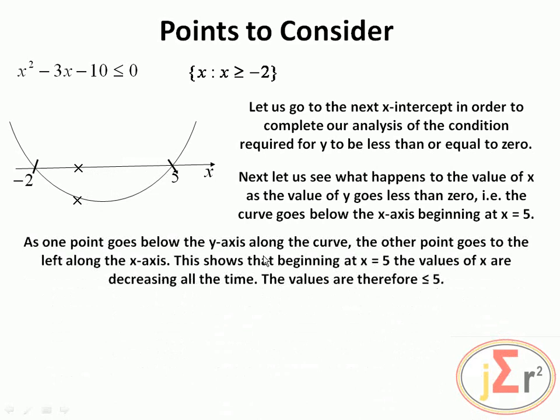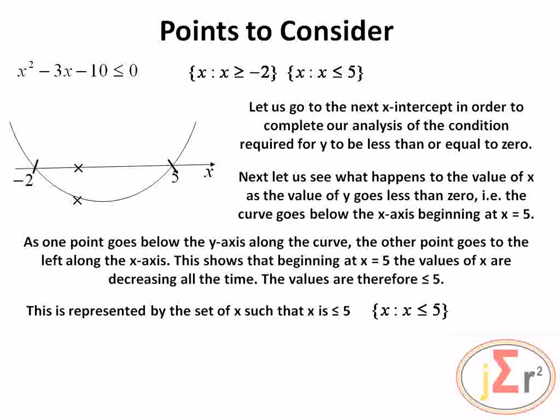As one point goes below the y-axis along the curve, the other point goes to the left along the x-axis. This shows that beginning at x equal to 5, the values of x are decreasing all the time. Therefore, the values are less than or equal to 5. This is represented by the set of x such that x is less than or equal to 5.